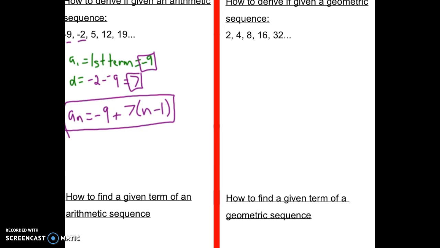Now, be considering, what do you think would happen? This would allow me to find any term of the sequence. If I wanted to find the 50th term, where do you think I would put 50 into this new formula that I just derived? There's only one variable, so be thinking about that.